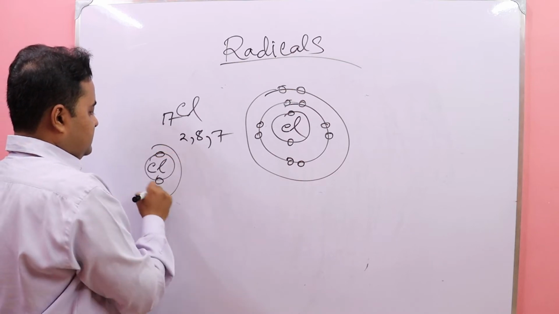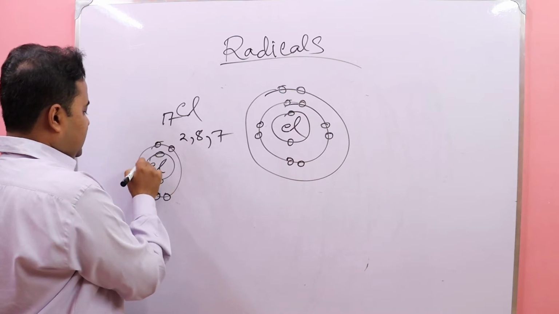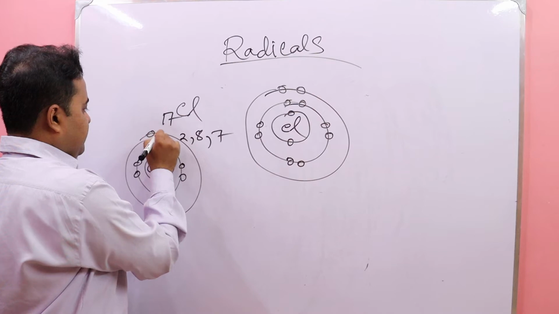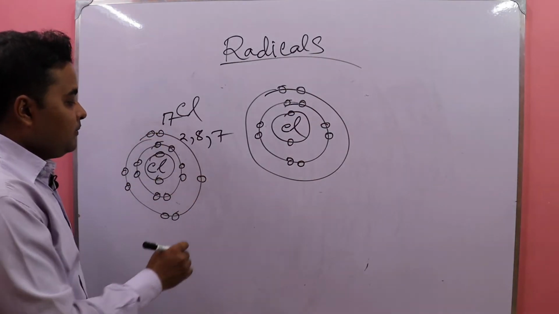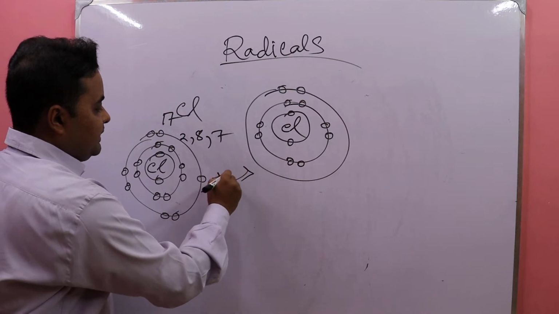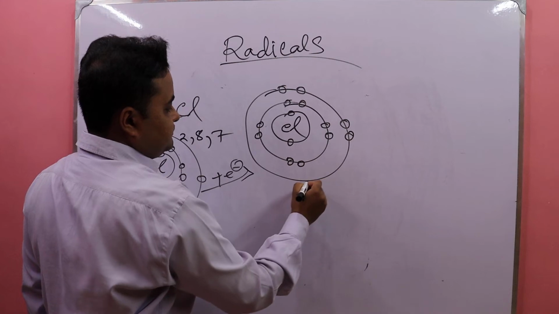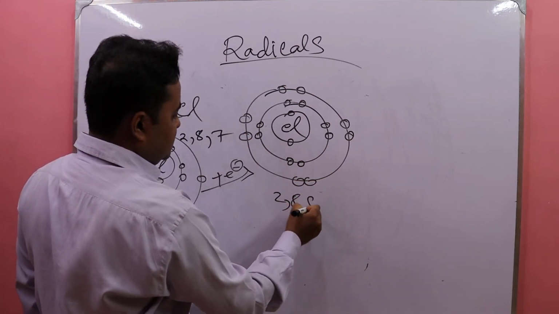In the first case the configuration is like that, 2, 8, 7, but when it gains one electron, it becomes 2, 8, 8.